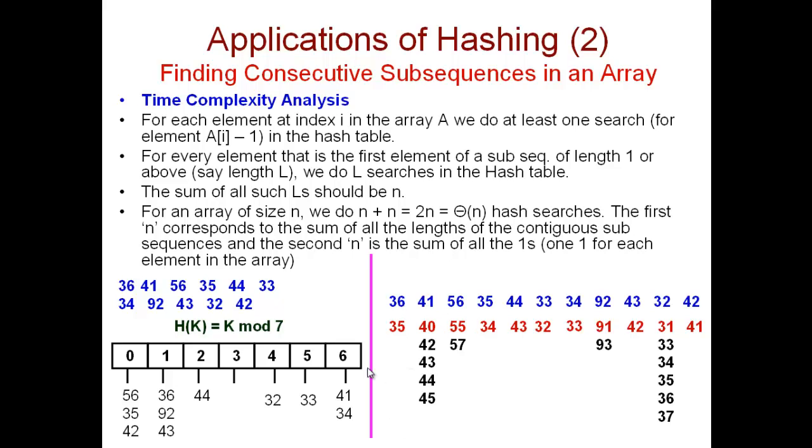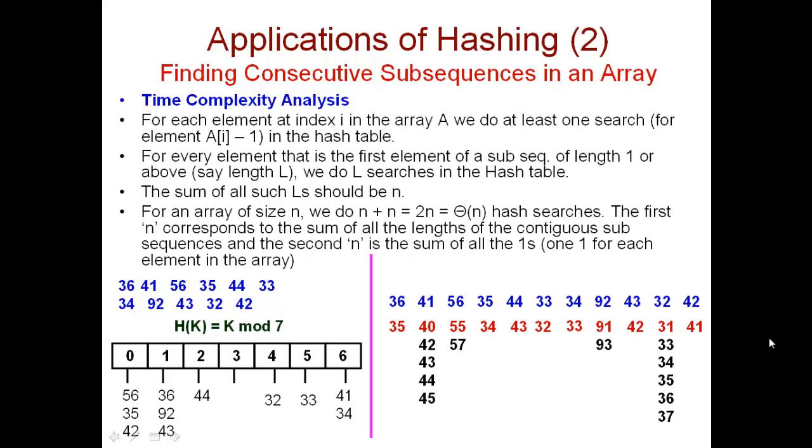The elements I have written in blue are the ones that are in the array, and 1 less than these values are what is written in red. For every blue element, we check if a red integer 1 less than that is in the array hash table or not. That's one hash search for each of those values. So if you have n integers, you do n hash searches with these red integers, which are 1 less than the elements that are in the array.